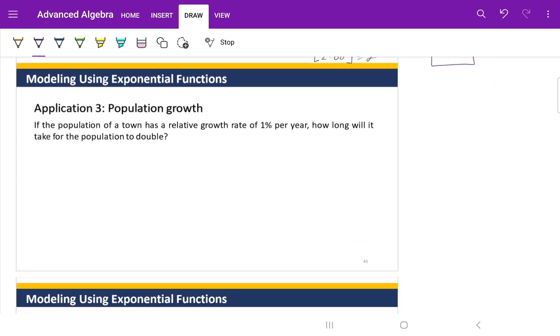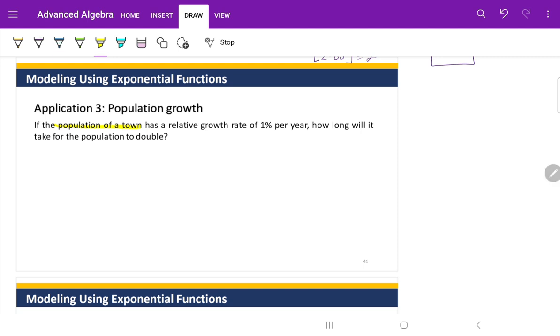Next application of math modeling is population growth. If a population of a town has a relative growth rate of 1% per year, how long will it take for the population to double? Again, we are speaking of the population of a town, meaning human population.